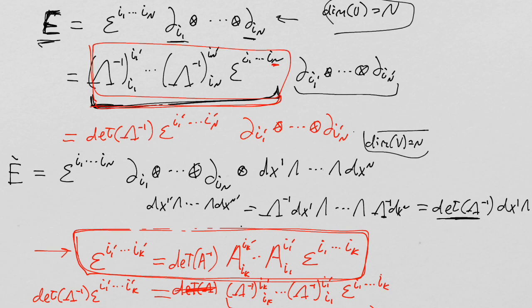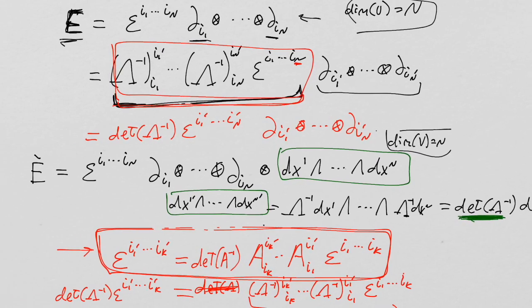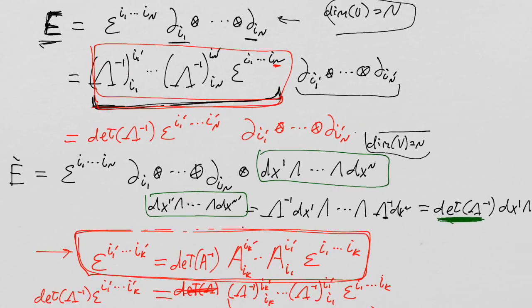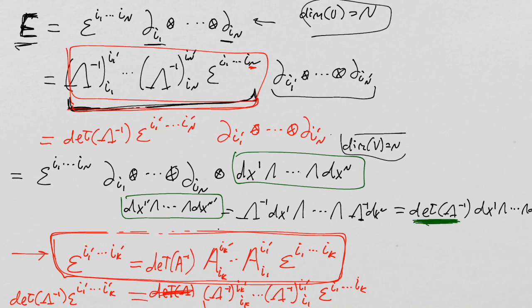So if I want to make the substitution and turn that into the primes, I have to multiply it by a factor of the determinant of the contravariant transformation. But in order to keep everything equal to 1, I have to compensate by multiplying by the reciprocal of that, which is the determinant of the covariant, right?